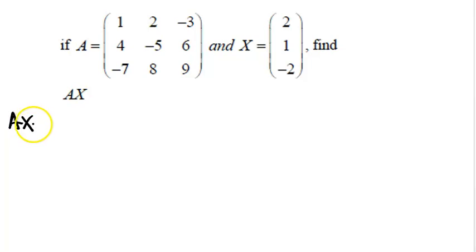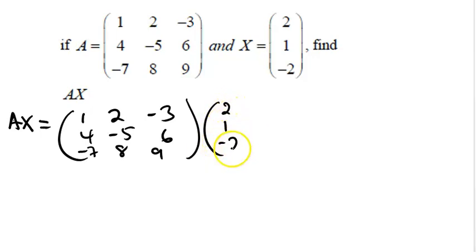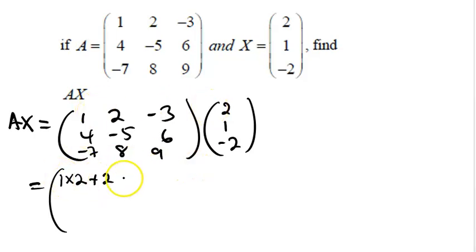So matrix AX is [1, 2, minus 3; 4, minus 5, 6; minus 7, 8, 9] times [2, 1, minus 2]. First row, first column: 1 times 2 plus 2 times 1 plus minus 3 times minus 2.